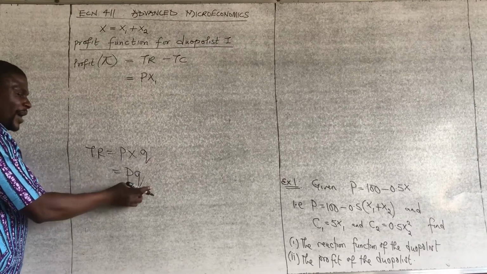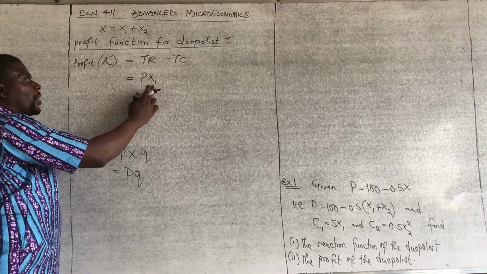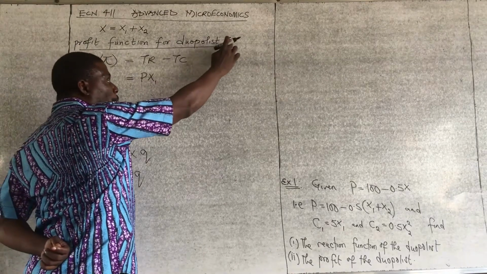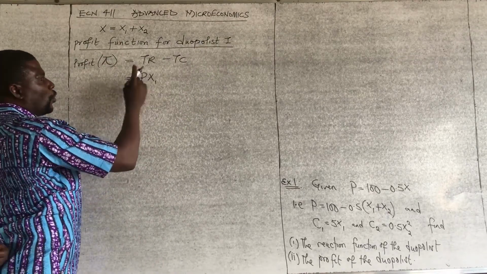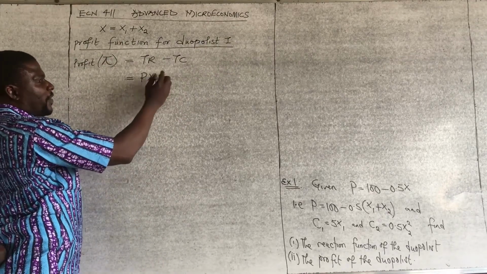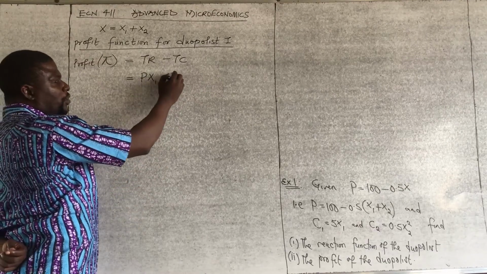But in this one, our Q is X. Now why do I have to put X1? Because we are looking for the profit function of duopolist 1. Are we together? So total revenue minus total cost of duopolist 1.